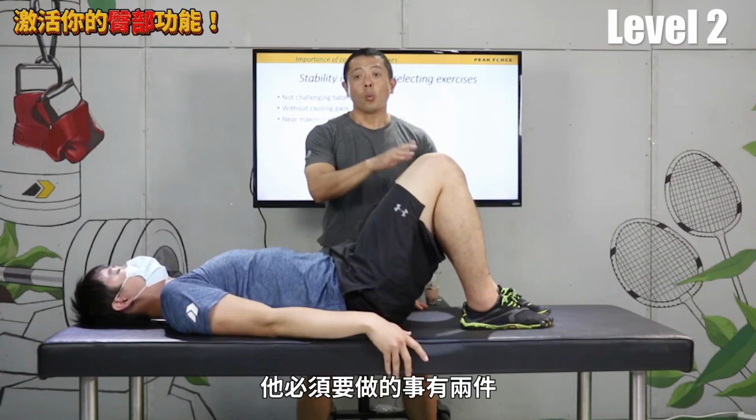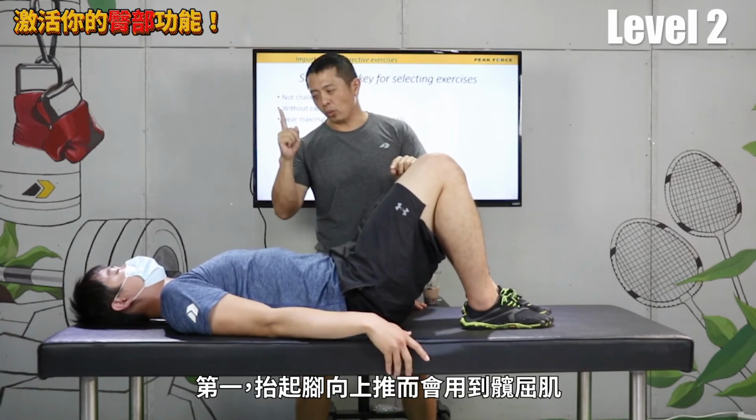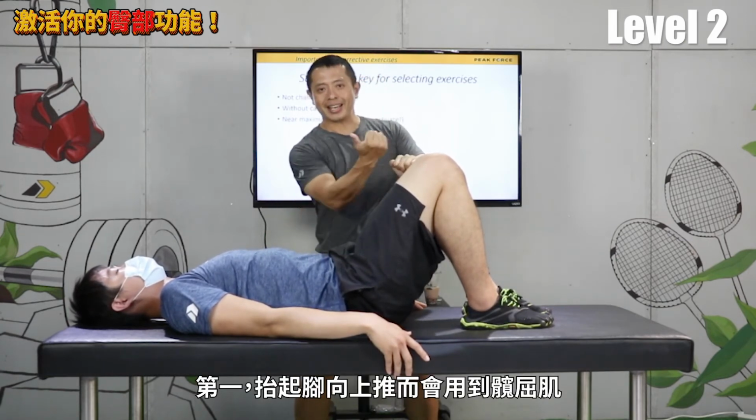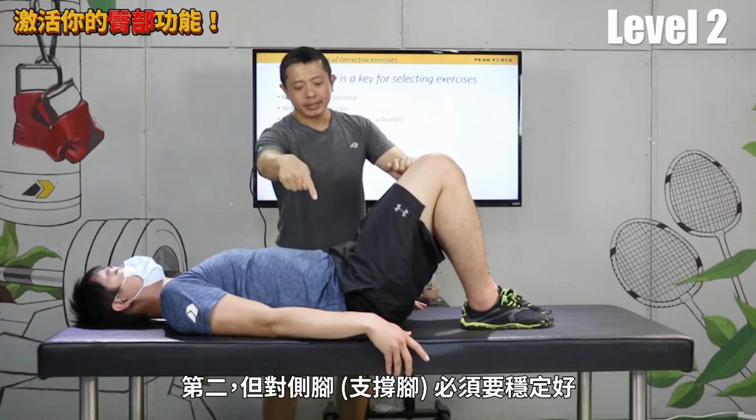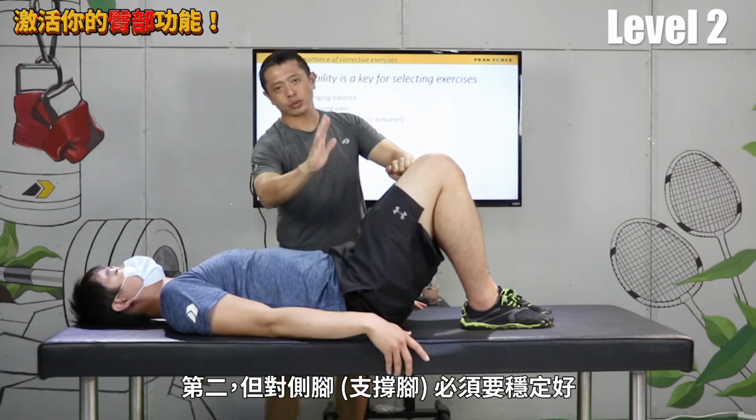Okay, so what he has to do is two things. One, he has to use this leg going this way, so he's using his hip flexor to push. But this side of the leg has to stabilize so much.